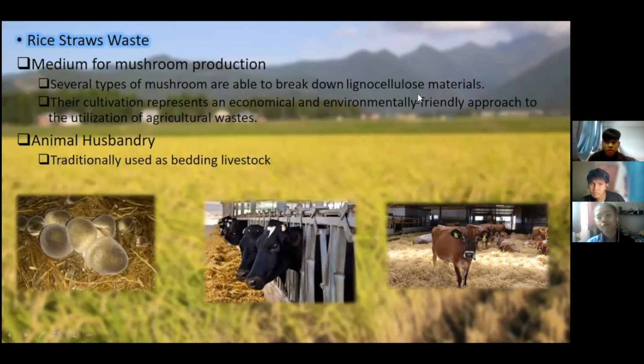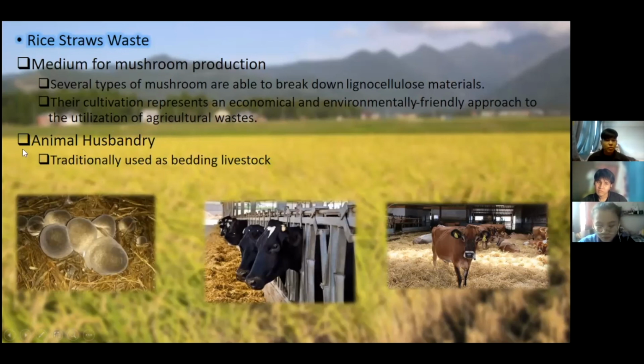Lignocellulose materials include food, agricultural or forestry waste that is a mixture of natural polymers based on lignin, cellulose, and hemicellulose. Also, the cultivation represents an economical and environmentally friendly approach to the utilization of agricultural waste.